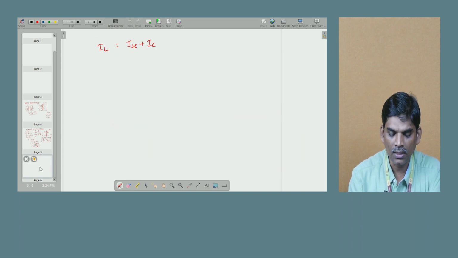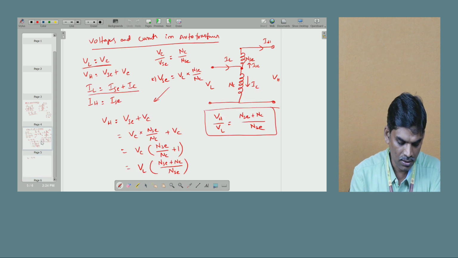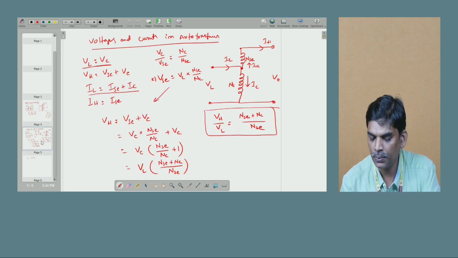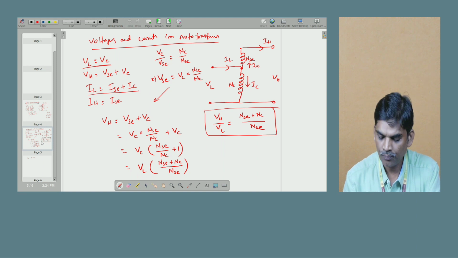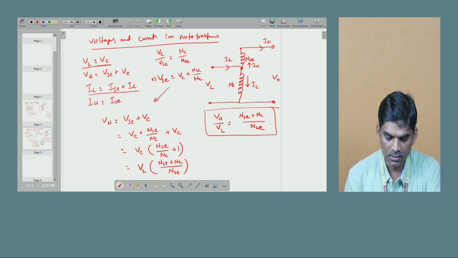What is the IC value here? How can you write it? We can write the IC value in terms of ISC.